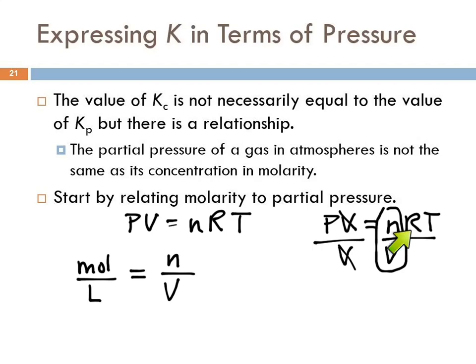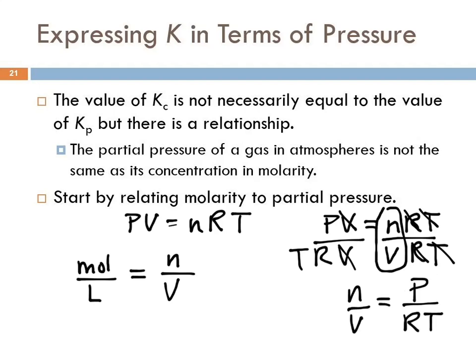And then I want to get rid of R and T on this side, so I'm going to divide by R, and divide by T over there. So now we get n over V is equal to P over RT. The molarity of a gas is equal to its partial pressure divided by the gas constant times the temperature in Kelvin. Everybody okay with that?